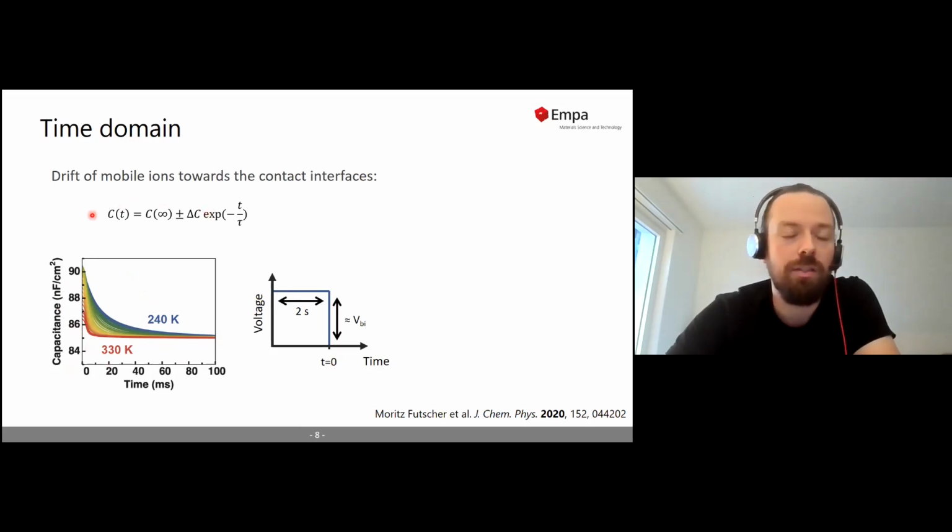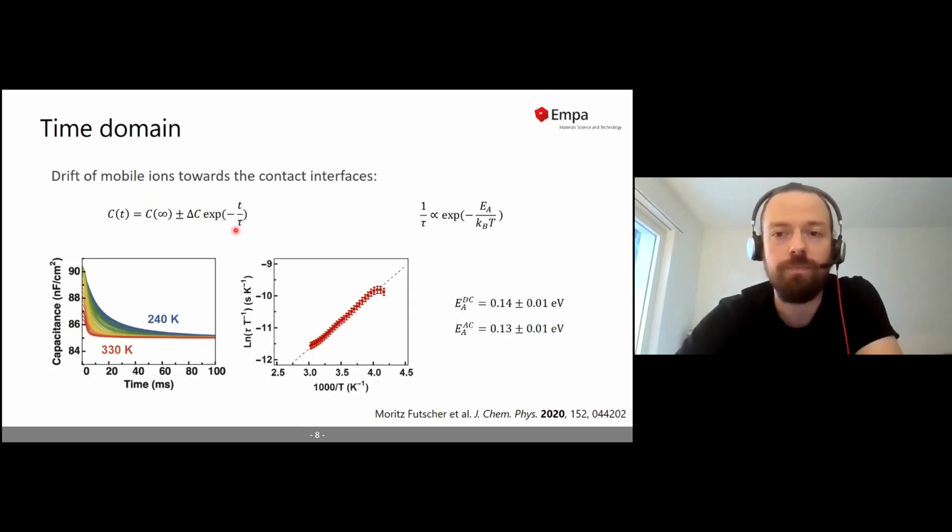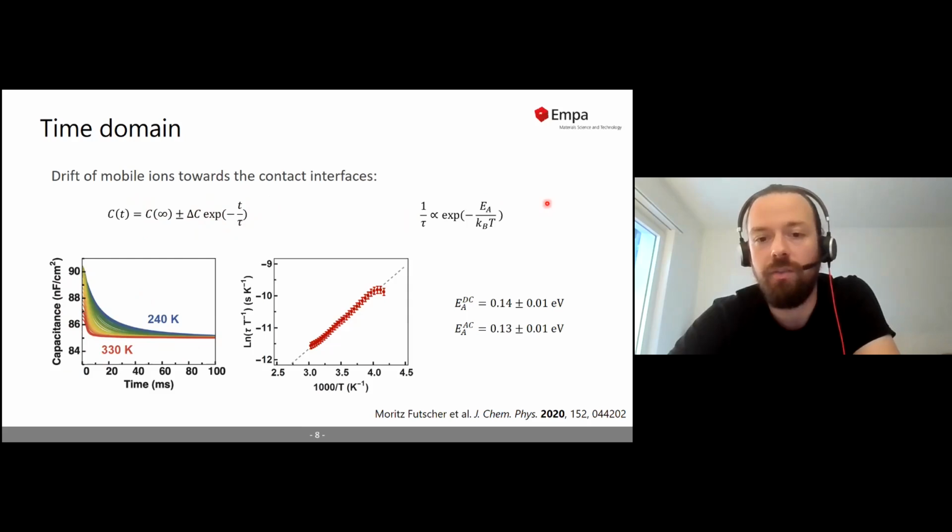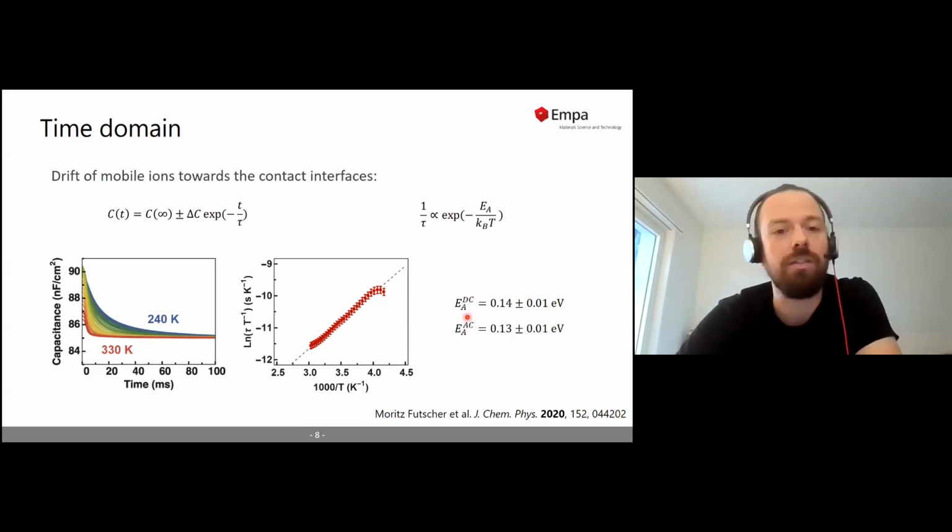And we can describe this with this formula, where we have a steady state capacitance and the change, which is dependent on an exponential function with the time constant in it. And again, this is related to the activation energy. So we can do this temperature dependent, place the values on an Arrhenius plot and extract activation energies. As you can see here, the activation energies which we obtained from both the time domain, or the DC, and the AC, which is the frequency domain, are very similar, already indicating that this is a very similar process for this material.